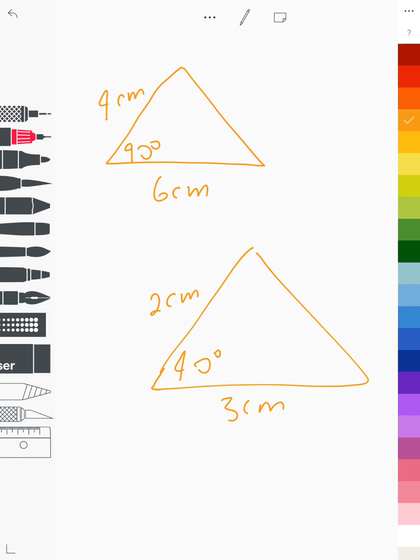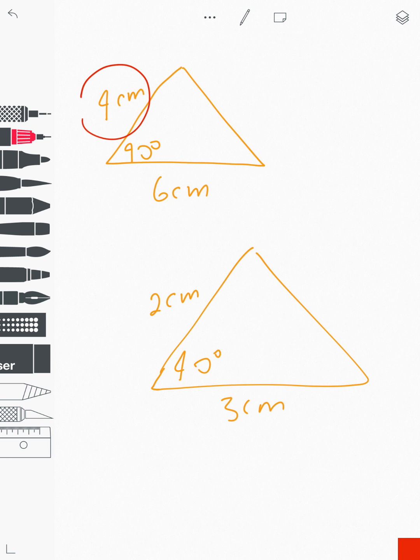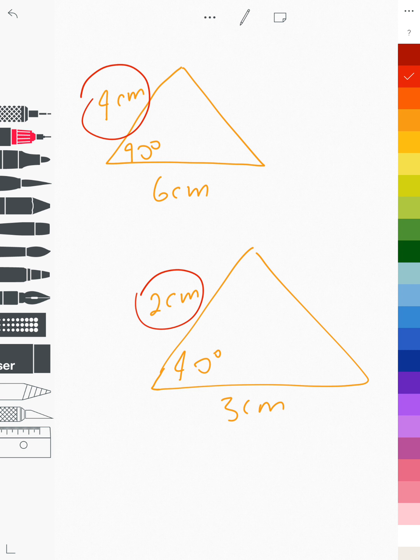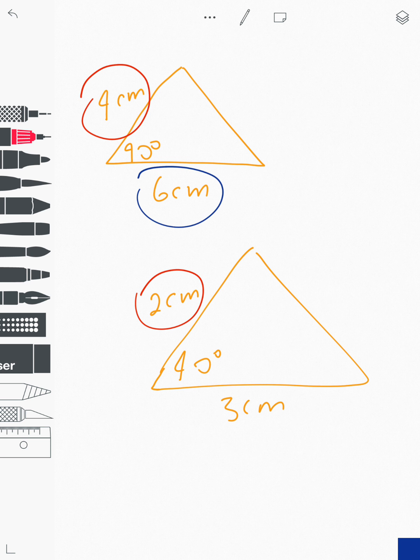Now let's look at the matching sides. So I have 4 and 2, and then I have 6 and 3. Now we can see that both of them have 40-degree angles. So the angles are the same. Now, test 3 states if two sides of one triangle are proportional to two sides of another triangle, let's have a look.